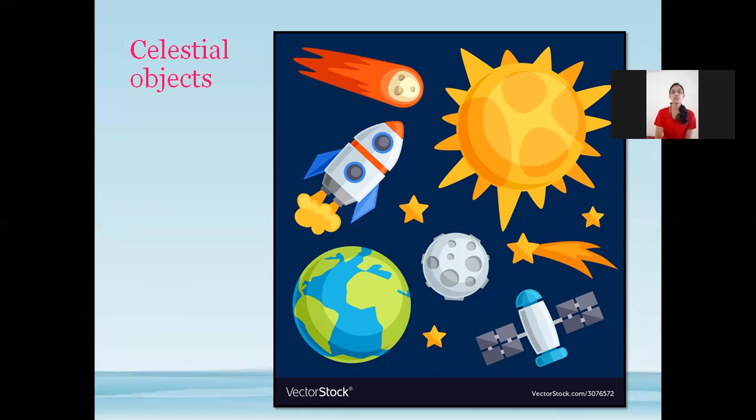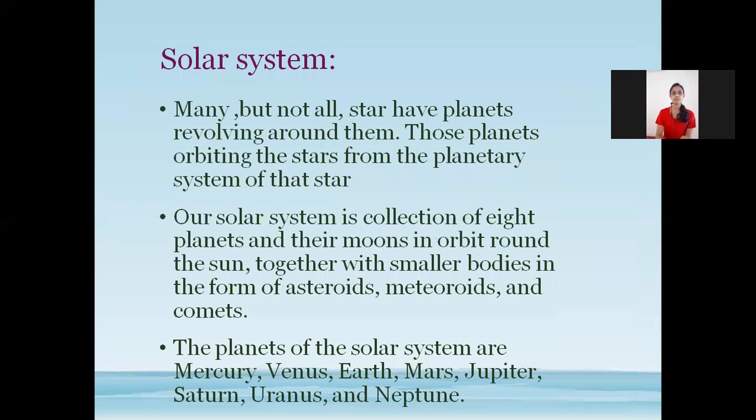So, once you understand what celestial objects are, let's move on to the next topic, the solar system. We all know that we are in the solar system, where the sun is at the center of our solar system. Many but not all stars have planets revolving around them. Those planets orbiting the star form the planetary system of that star.